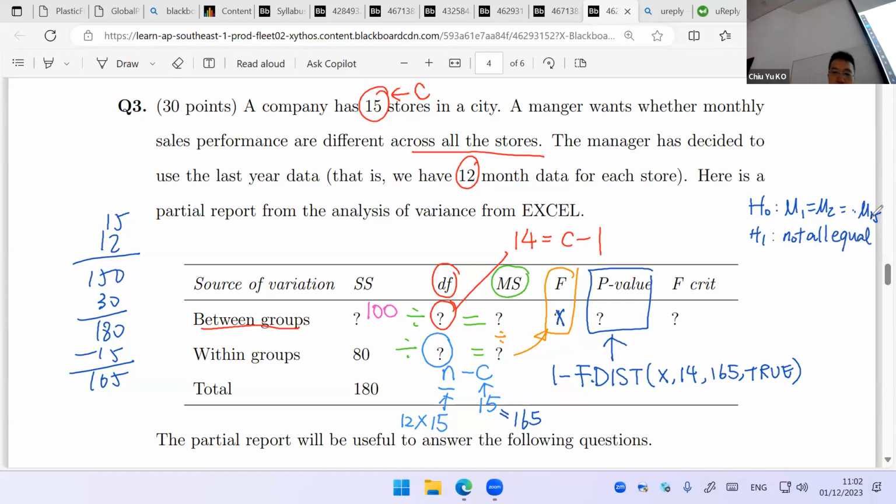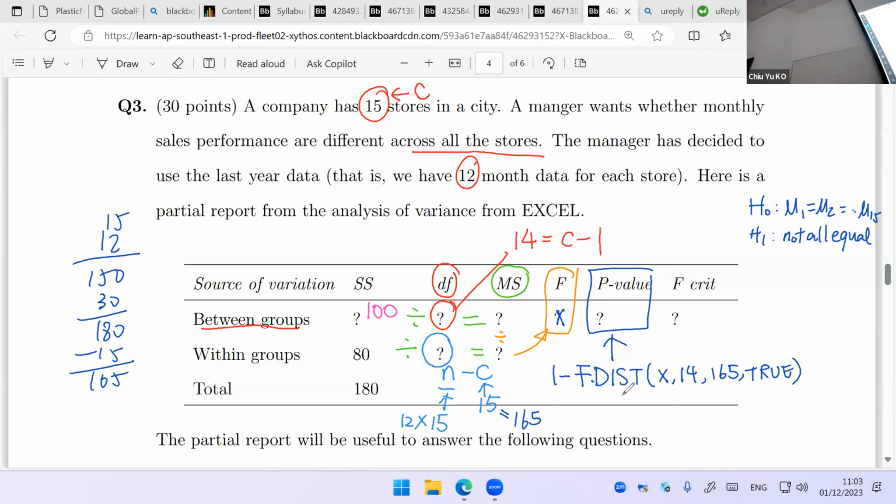So it's a right tail test. Look at this number: if it is more than 5%, then you can reject.